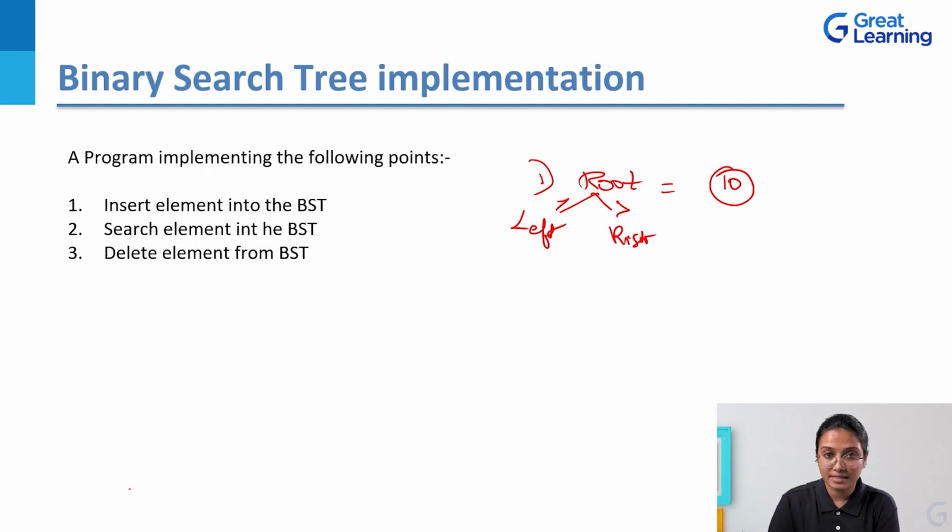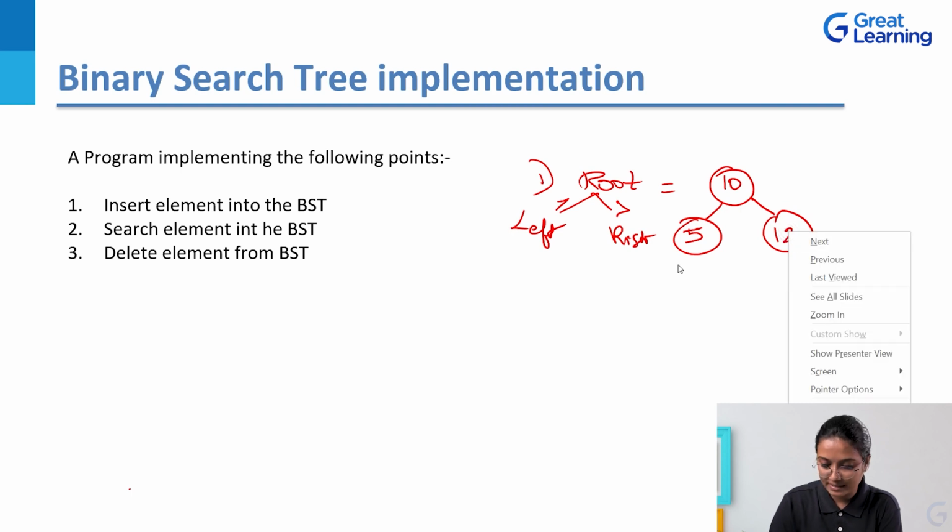So keeping this into consideration, 10 is the root node I'm taking, and anything you want to add on, so I'm adding 5. When you are adding lesser than the root node, that should be towards the left side. And if you are adding anything greater than the root node, that should be towards the right side. So I'm adding 12 here.